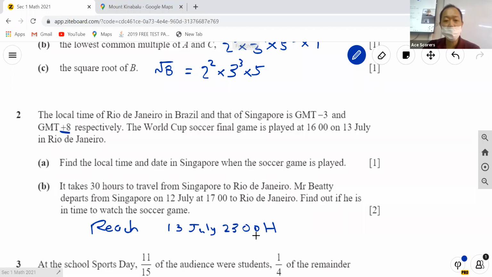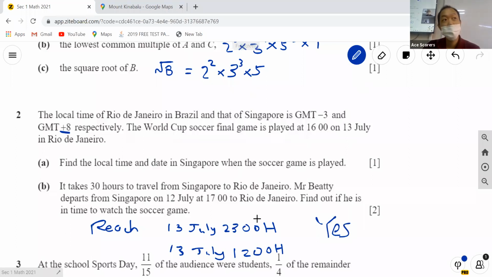So 13 July 2300 is minus 11, right? So it's 13 July minus 11 is 1200 hours in Brazil time. So the time the World Cup is on is 1600 on 13 July. So answer is yes. Okay, he will be on time.